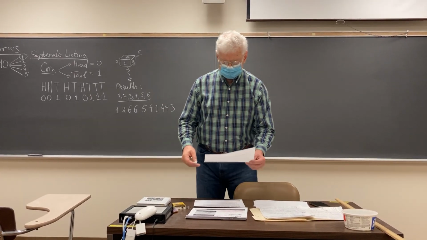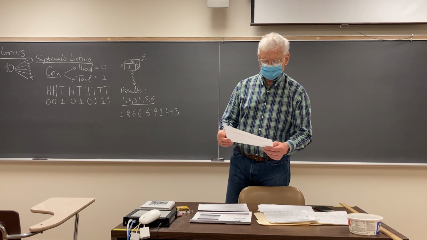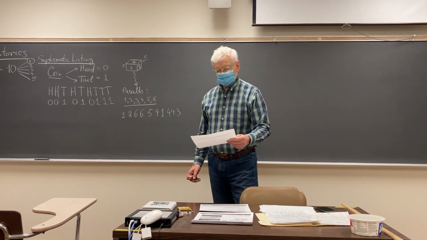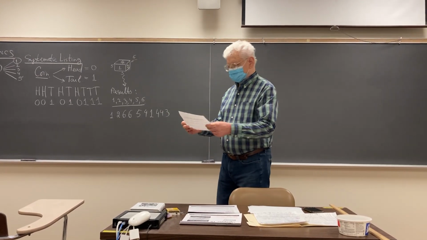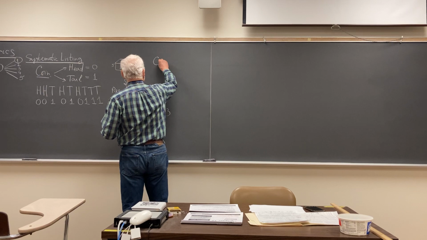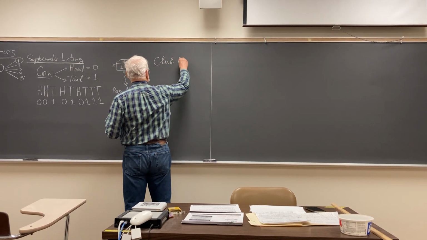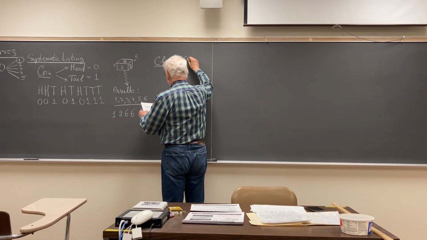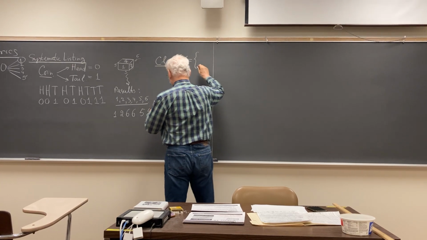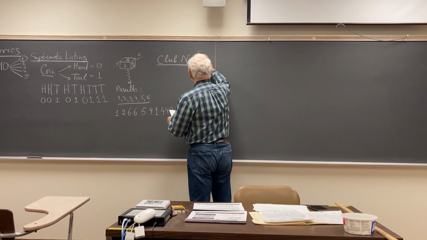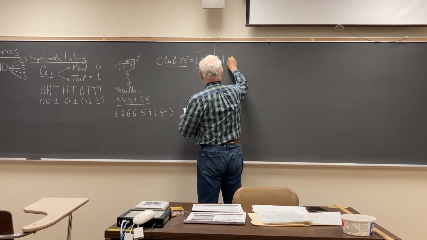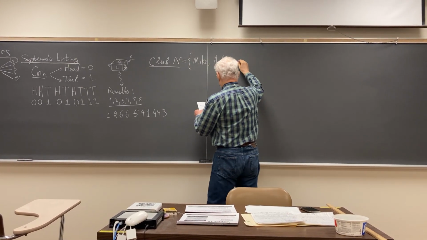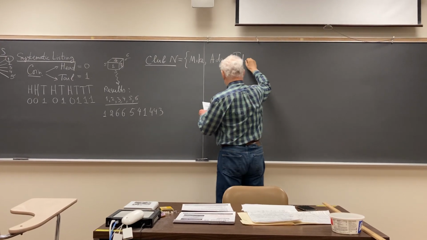Okay, so now we go to the problem. An example: selecting a club president. Consider a club N with 4 members. Club N consists of the following: Mike, Adam, Ted, and Helen.